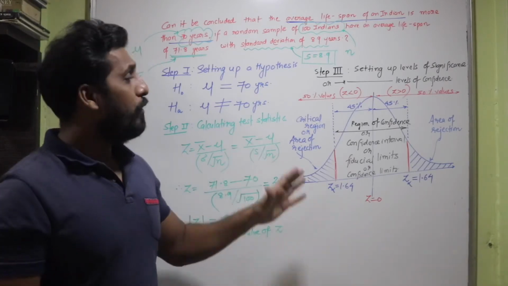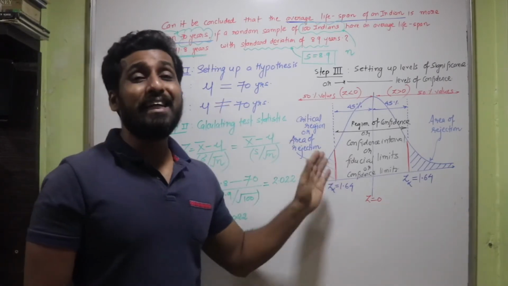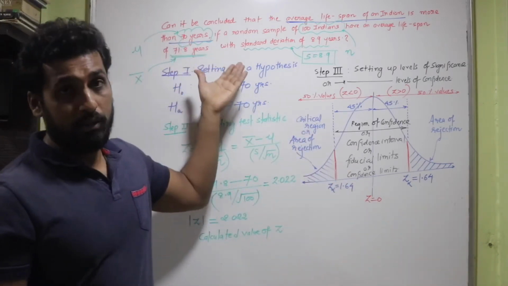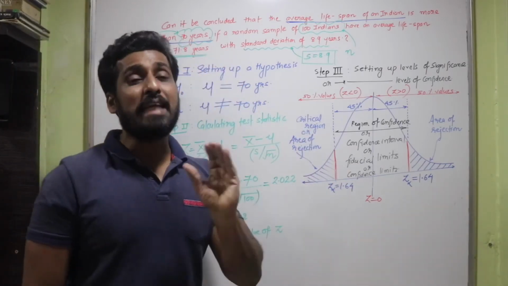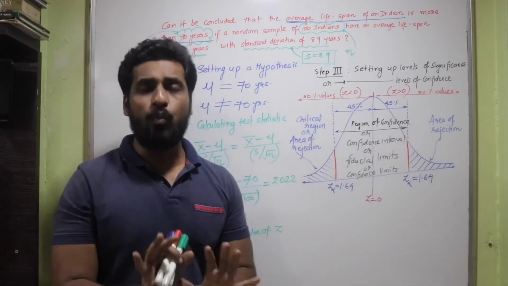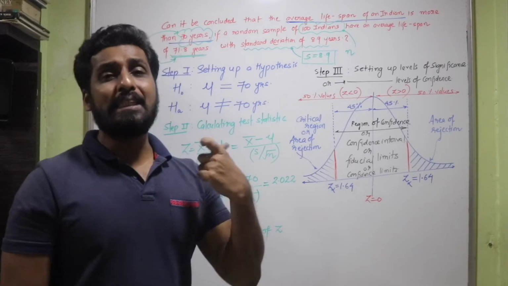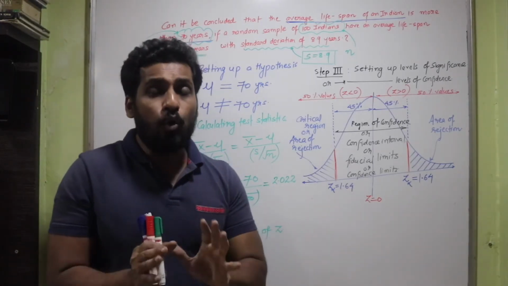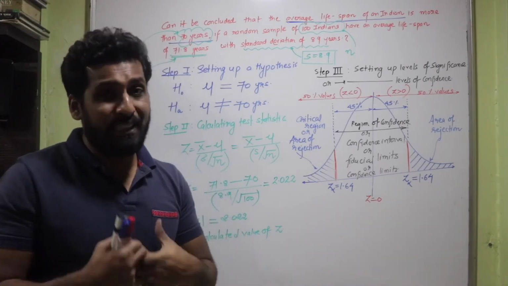Similarly, if the hypothesis got rejected, it does not mean that the statement is wrong, isn't it? It simply means that the sample that we have taken does not represent the entire population. Very simple meaning it is. So acceptance or rejection of the hypothesis is not going to prove the validity of the statement.